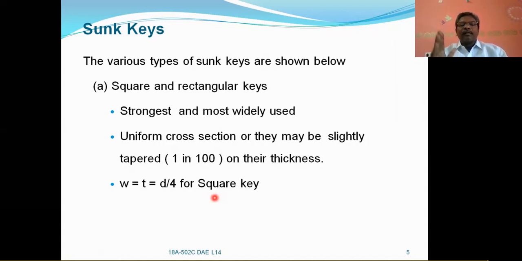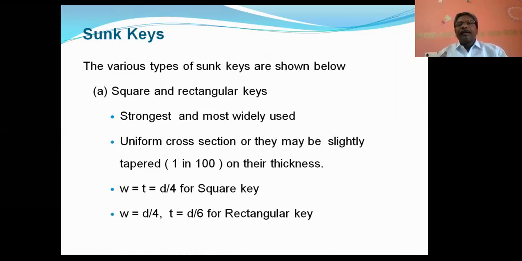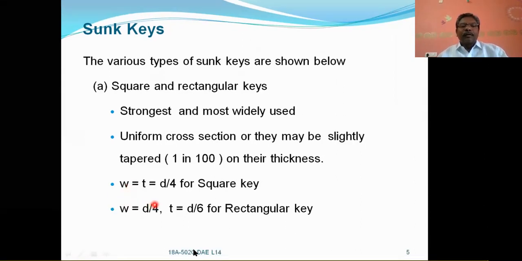But for a rectangular sunk key, the width is 1 by 4th of the diameter of the shaft, whereas the thickness is 1 by 6th of the diameter of the shaft, where D is the diameter of the shaft. So width is D by 4 and thickness is D by 6 for a rectangular sunk key.